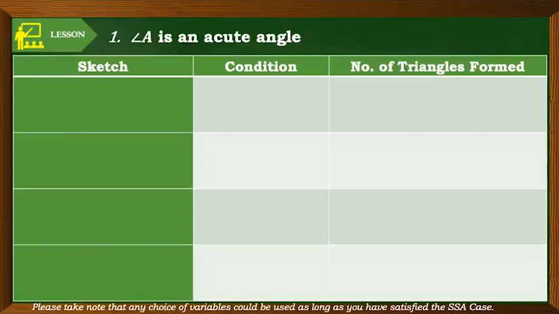For the first case, angle A is an acute angle. Given that angle A is an acute angle and its opposite side a is greater than or equal to an adjacent side b, then there is only one triangle formed.